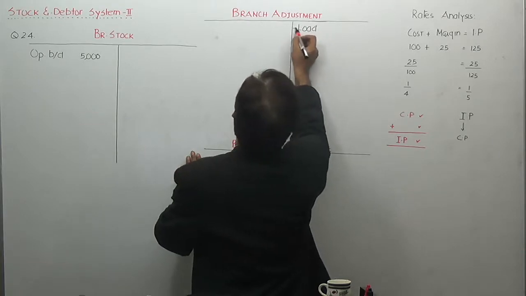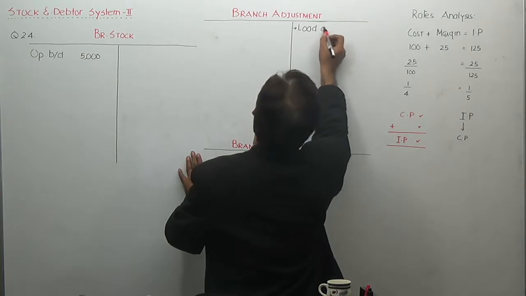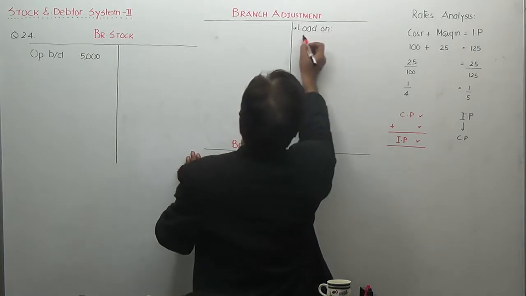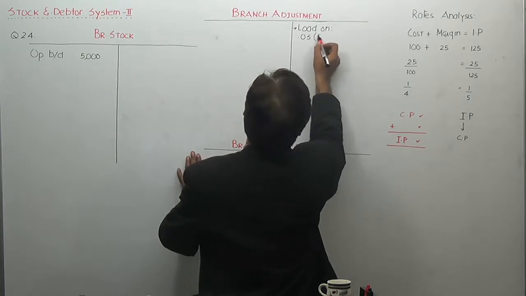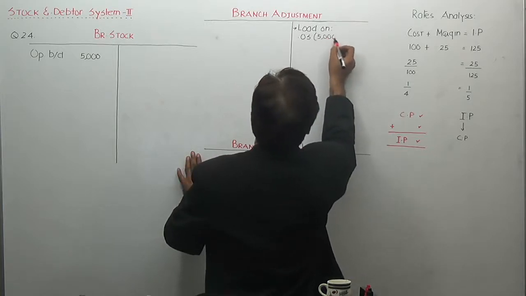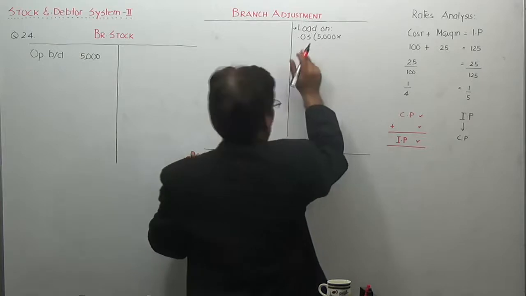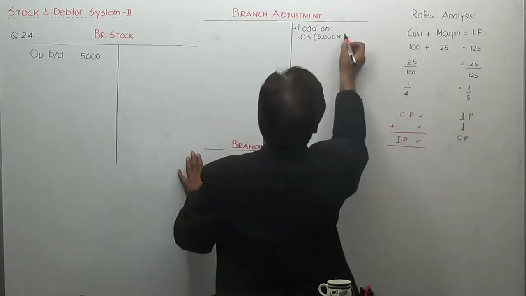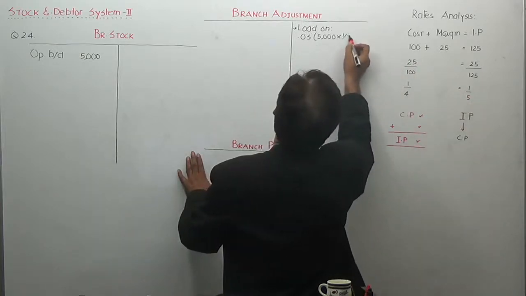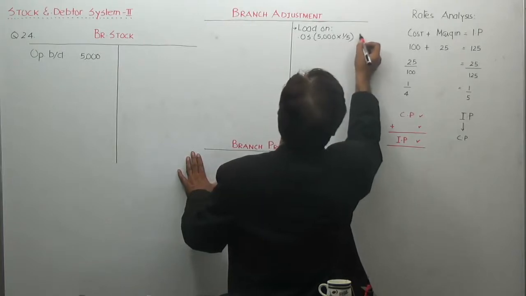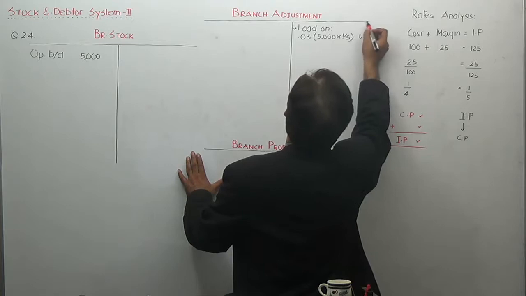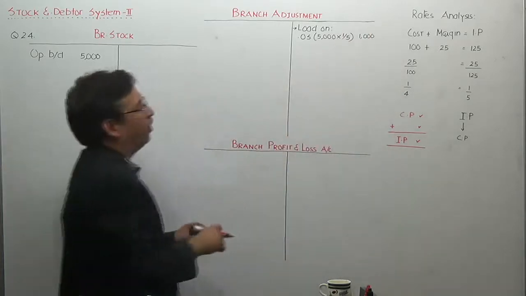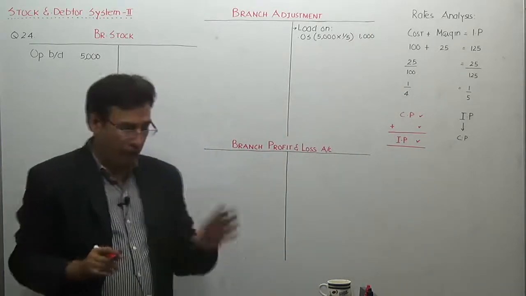So in the branch adjustment account, I will write load on opening stock. Opening stock is 5,000. This item is at invoice price, so I'm going to apply the rate 1/5 to get the loading. Loading is 1,000. So now it means the cost price of opening stock is actually 4,000.